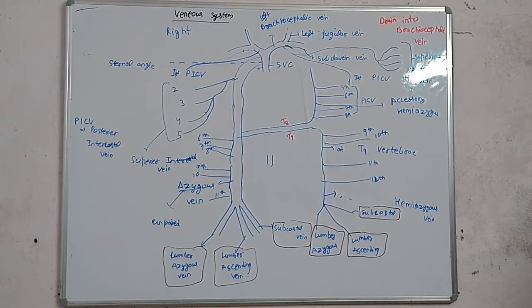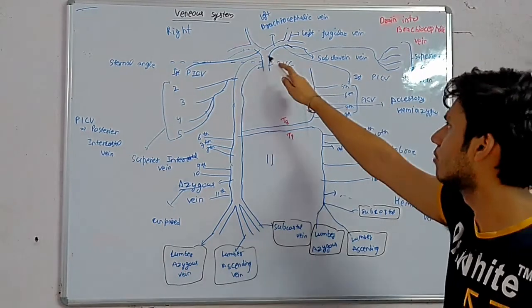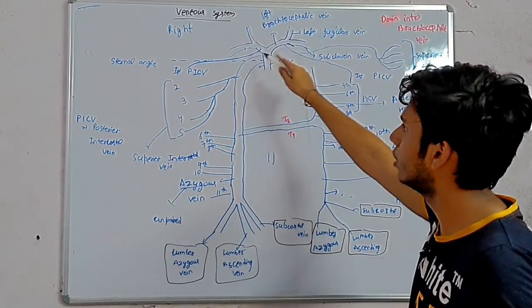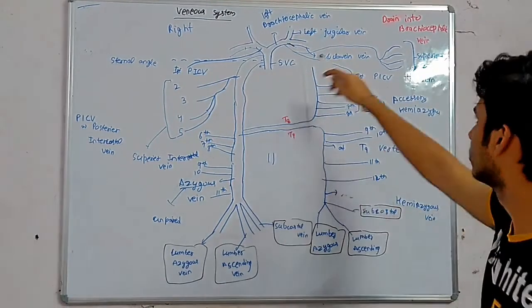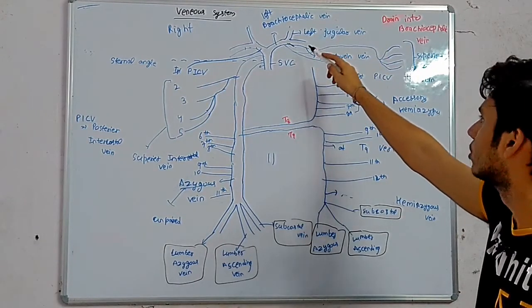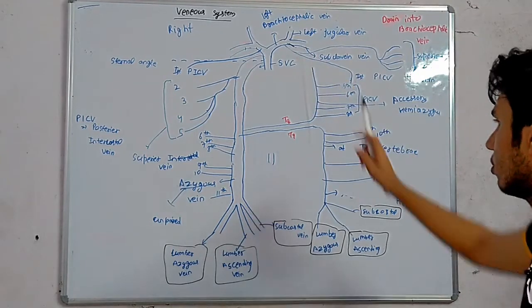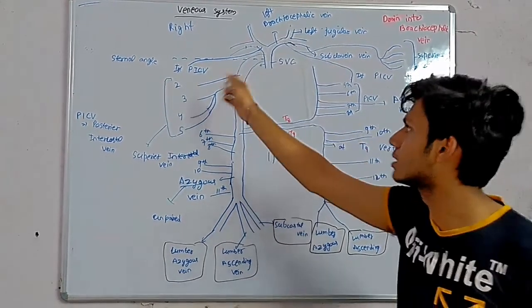So here we know in the upper side this is the superior vena cava. It divides into left and right brachiocephalic veins. The brachiocephalic vein divides into the subclavian vein and jugular vein. Here we know the azygous vein drains into the superior vena cava at the sternal angle.